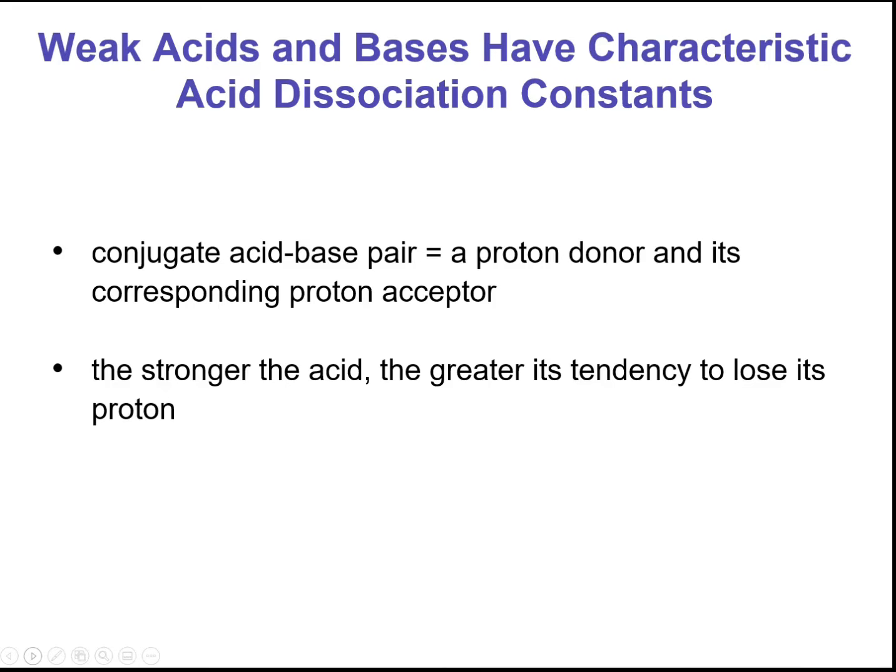In all of this talk of pH, we have to talk about weak acids and weak bases. Let's introduce some terminology. Conjugate acid-base pair. You've got a proton donor, proton acceptor. What you'll see as the generic equation, where HA is your acid, it is also the proton donor.